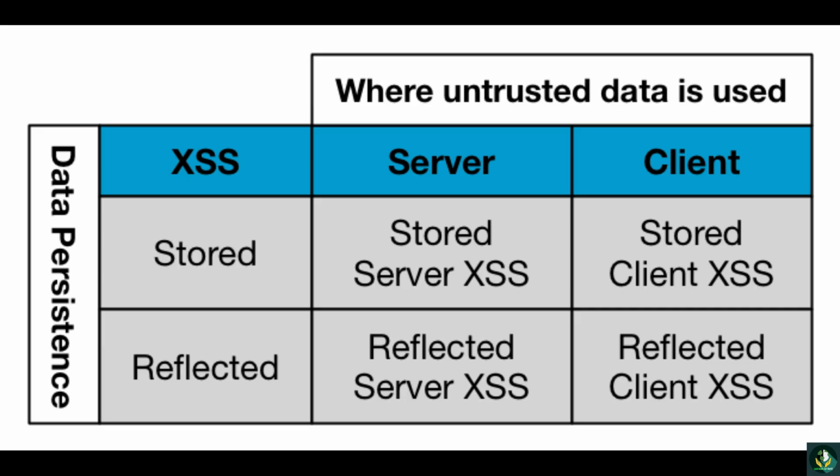So past XSS defensive strategies: all untrusted data must first be canonicalized, reduced to simplest form.